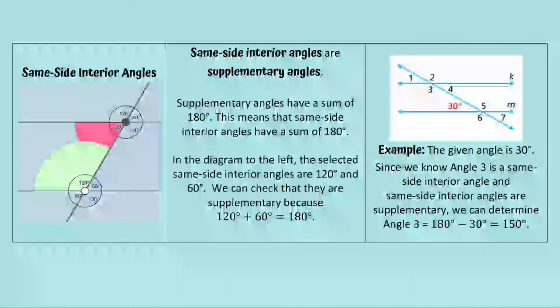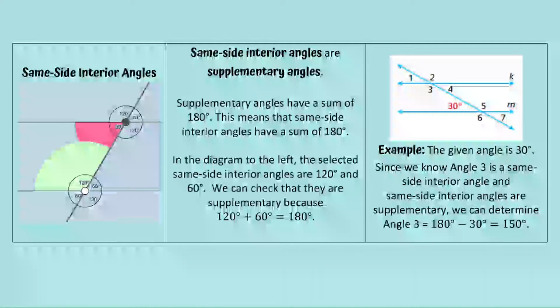Next, we learned about same side interior angles. Same side refers to being on the same side of the transversal, and interior refers to being inside the parallel lines, in between the parallel lines. You can see over here in the left-hand diagram that our same side interior angles have different measures.